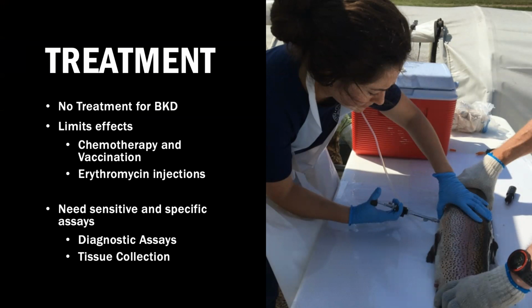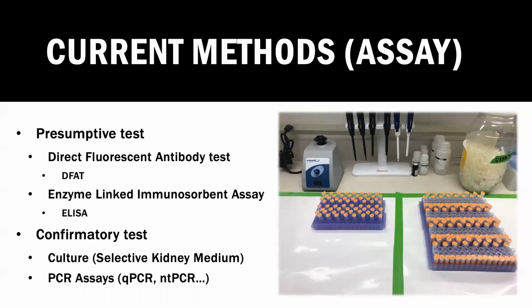So we need to make sure that we have sensitive and specific assays both in the laboratory and with our tissue collection methods. The AFS Fish Health Blue Book states that you can detect RSAL with a presumptive testing method with DFAT or with ELISA and confirm a positive infection in the tissue with confirmatory testing with either selective kidney media for culture or PCR assays.